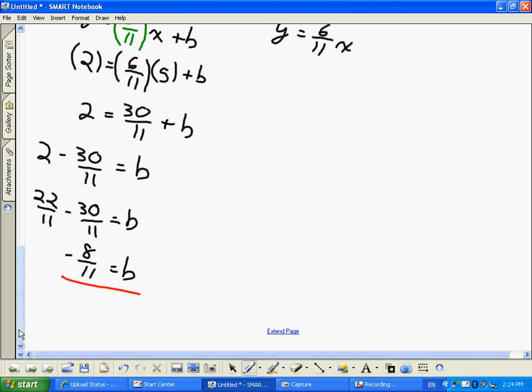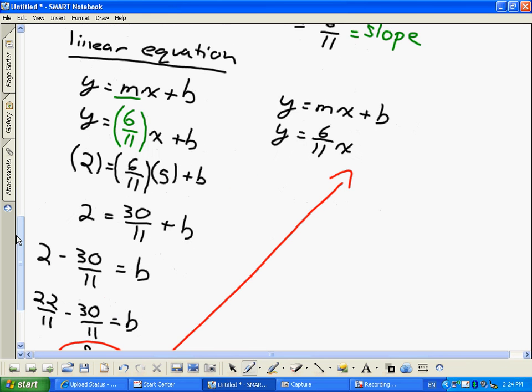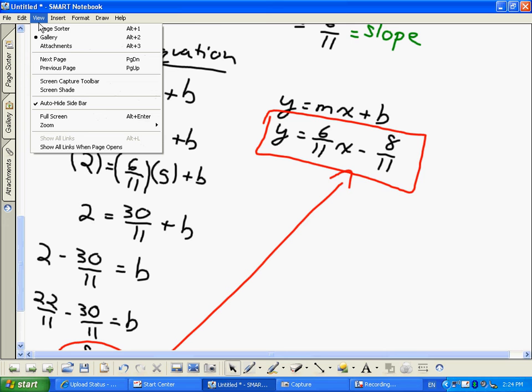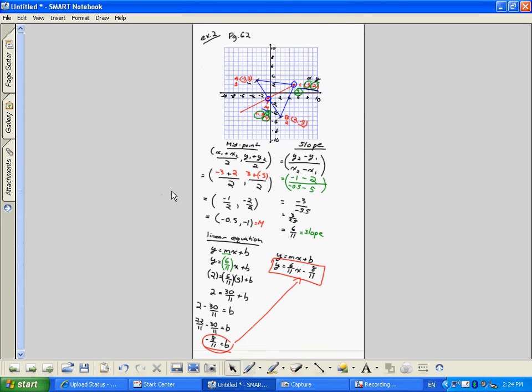And we solved our b way down here, negative 8 over 11, so subtract 8 over 11. So the equation of this line is y equals 6 over 11 times x minus 8 over 11. That's for the one question we just covered.